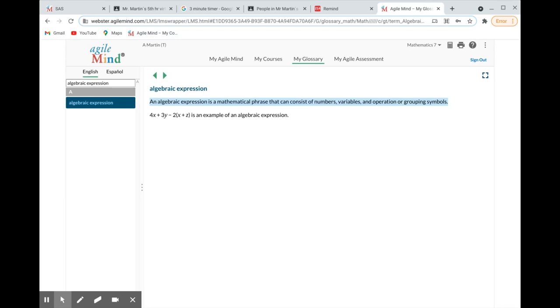An algebraic expression is a mathematical phrase that can consist of numbers, variables, operations, or grouping symbols. Great job. So I'm going to give you about 10 seconds to write that down. You need that.